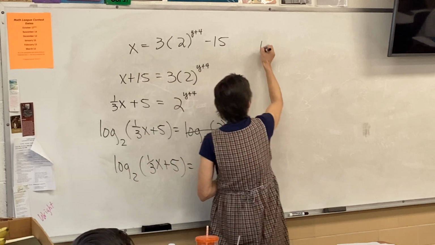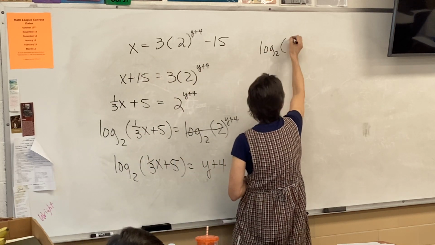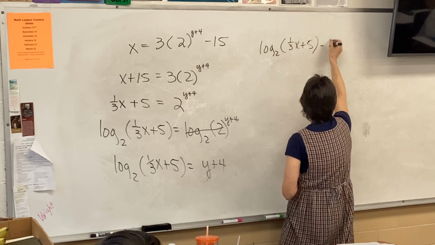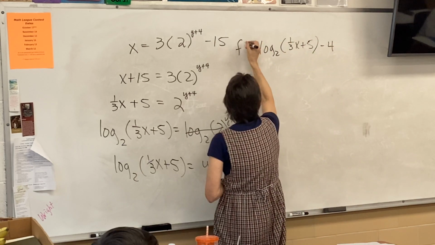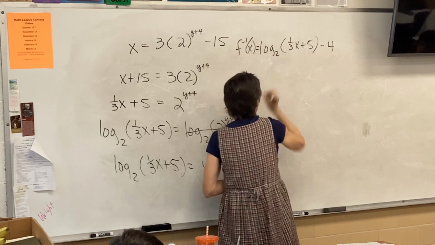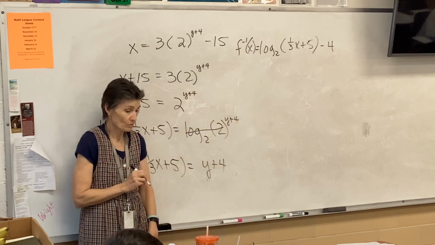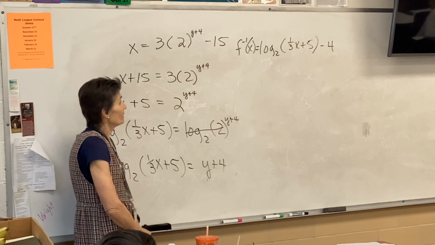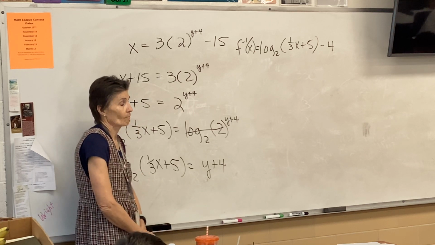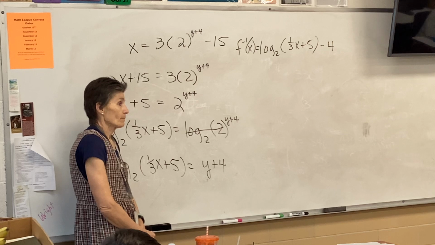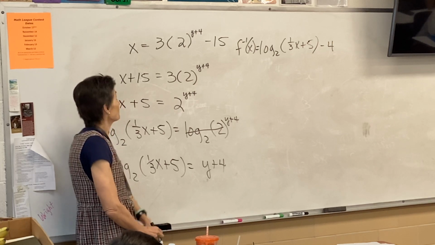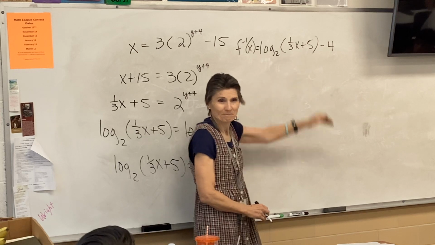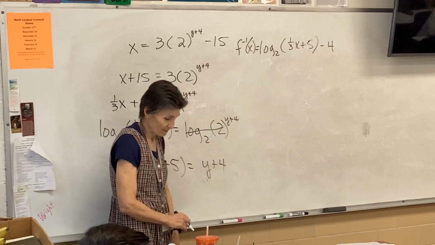So my inverse is log base 2, 1/3 x plus 5 minus 4. I'll use correct notation, F inverse, or was it F to start with? Yep, F inverse, and that's it. What is the inverse of an exponential? A logarithm. Yep, they're inverses.